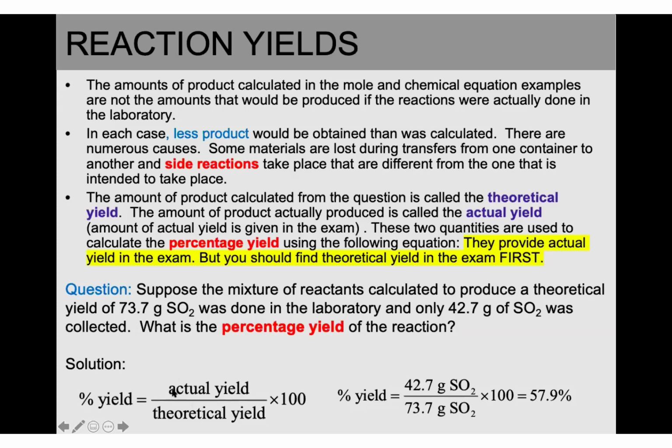The actual yield is what you find in the lab, whenever you do the experiment by hand. Like whenever I did the calculations to find how many pancakes I could make, in theory, in the calculations, I could make 15 pancakes, right?